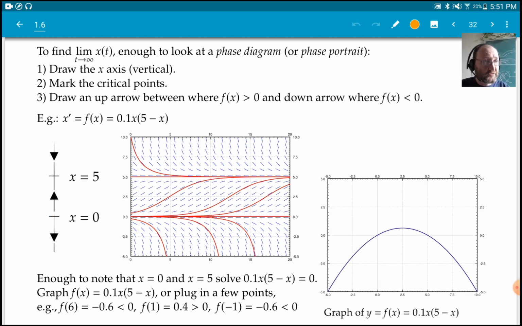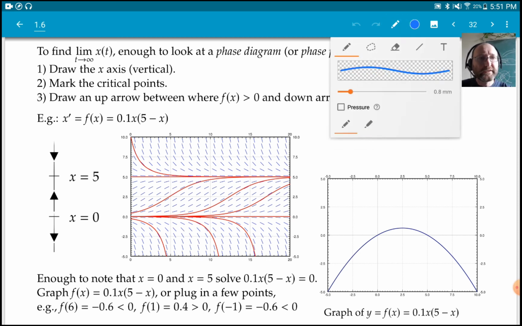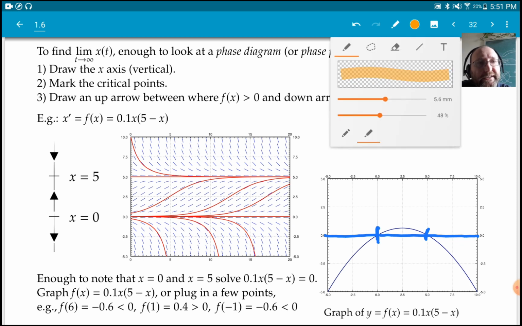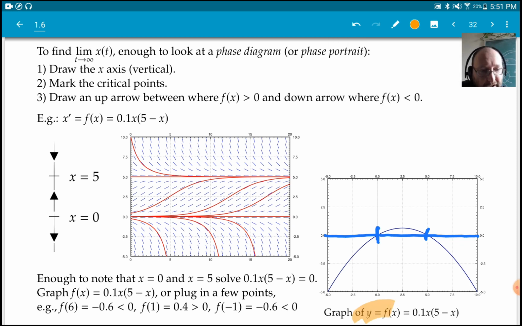Another thing that you could do is graph the f, right? Maybe let me put in a thinner line. So this is the x-axis, right? So the zeros are over here. Now, notice that something somewhat tricky is that we are graphing y as f of x.